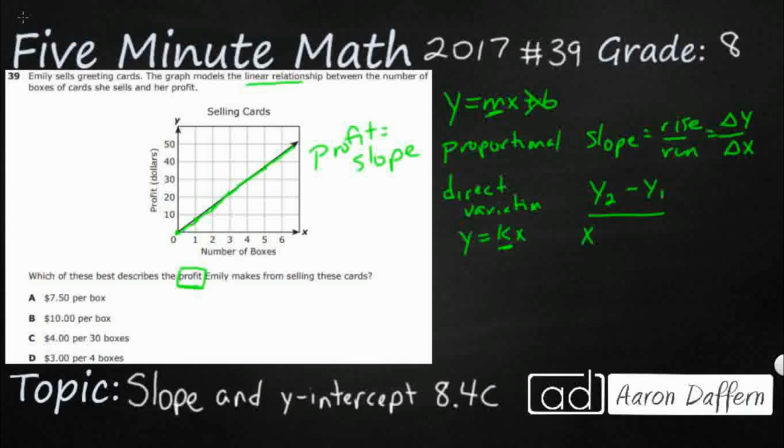We need to subtract 2 different x coordinates that match up with those 2 y coordinates, and that is our denominator. Whenever you can, make it easier. Since it does go through the origin, I'm going to use the origin as one of my 2 sets of coordinates, because subtracting 0 is easy, you just don't do anything. We do need to find that other set and take a look.